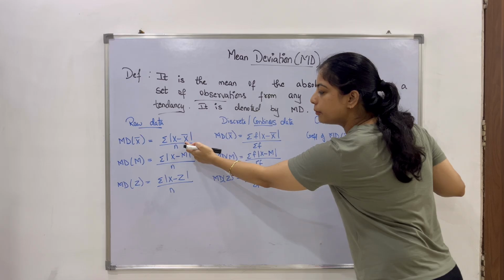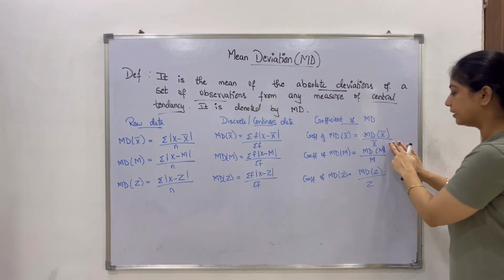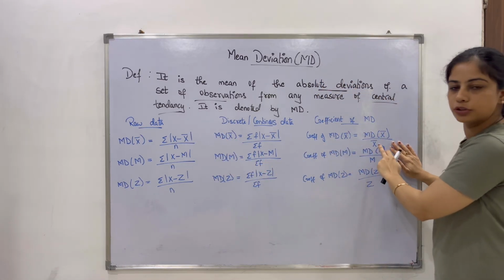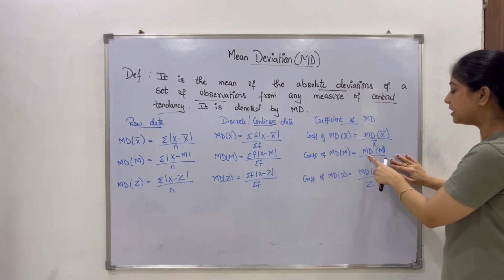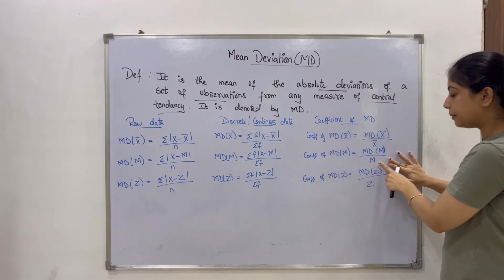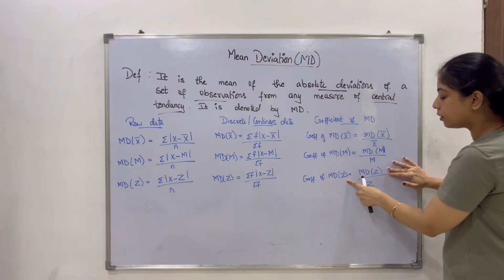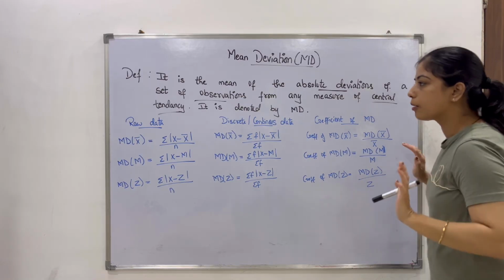Obviously, you will be finding your mean also, so that value will be the divisor. So this is how you will get your coefficient of mean deviation. Similarly, coefficient of mean deviation from median will be mean deviation from median divided by median. Coefficient of mean deviation from mode will be mean deviation from mode divided by mode.